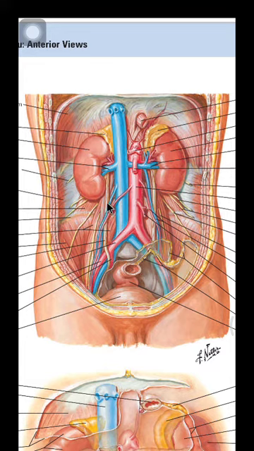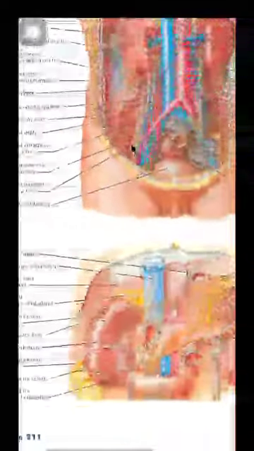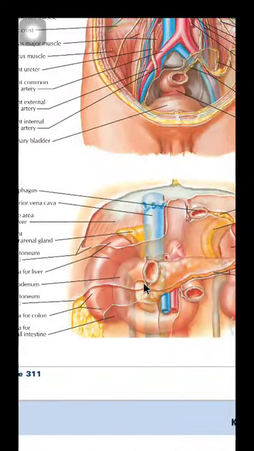When you come to the anterior relations of the abdominal part of the ureter, you can see this is the silhouette of the duodenum. Here the junction of the second and third part of the duodenum is present over the ureter.